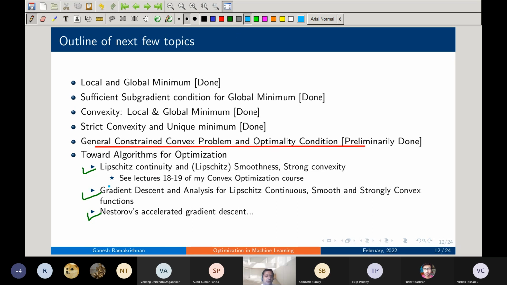So it's okay if you haven't gotten a complete hold of the constraint case. After this, we will revisit the constraint case.